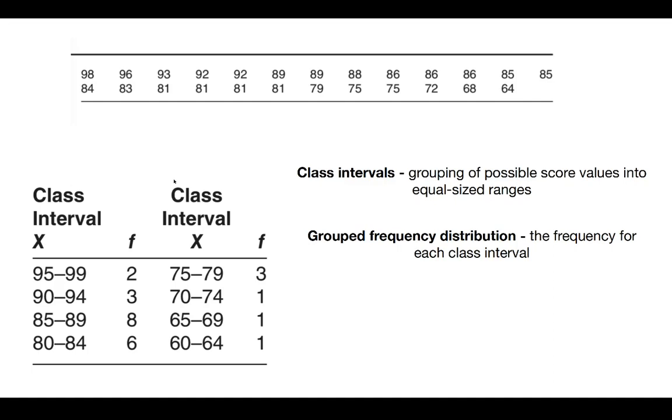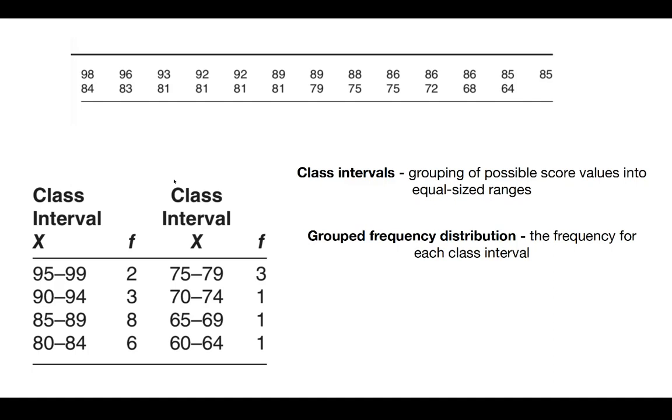As you can see, we have class intervals that start from 95 to 99, and the lower class intervals include 90 to 94, 85 to 89, and so on and so forth. And just like our simple frequency distribution table, our grouped frequency distributions also show the frequency for each class interval.